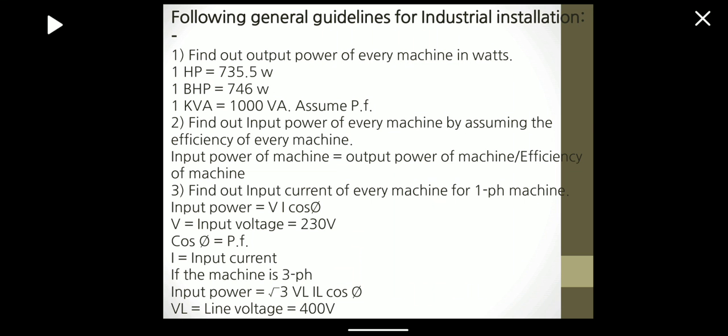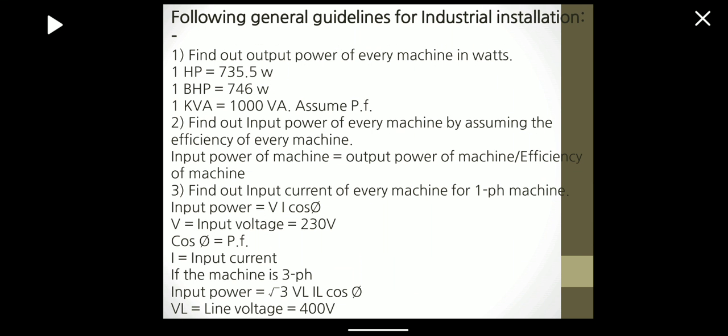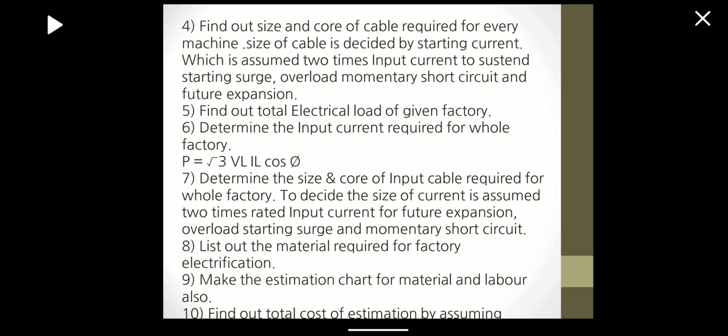If the machine is 3 phase, then the input power is equal to root 3 VL IL cos phi. VL is the line voltage, generally assumed 400 volt, IL is the line current, and cos phi is the power factor.